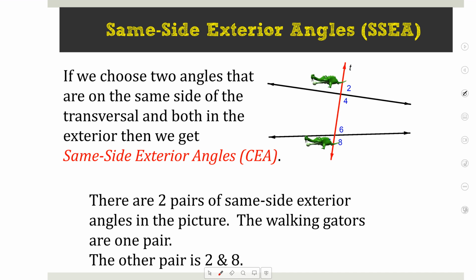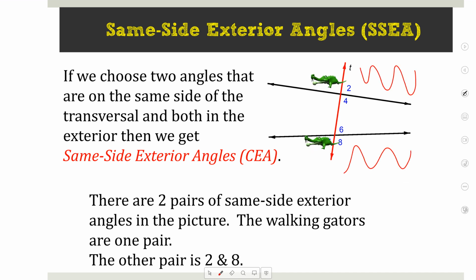Would it be 1 and 5 are the other same side exterior angles, or would that not work? No, 2 and 8, because you've got to be on the same side, and you've got to be on the outside.